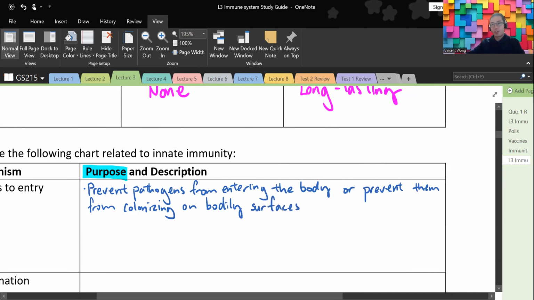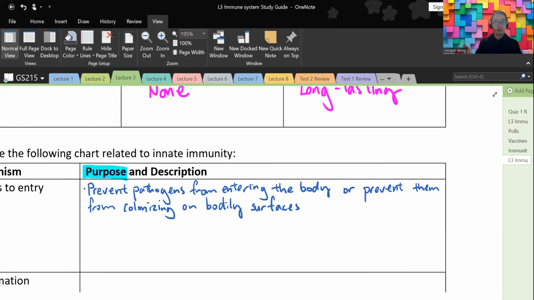We don't want them to attach to our respiratory tract, for example. We want to get rid of them.